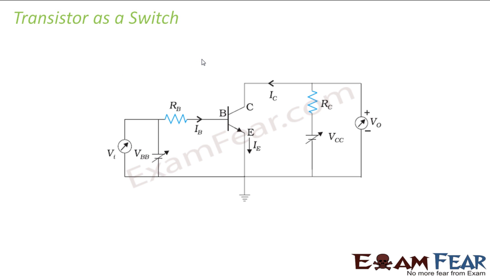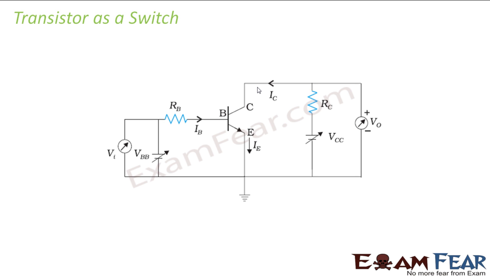How does a transistor act as a switch? If you look at the circuit drawn here, it is a common emitter configuration. The transistor is in common emitter configuration because you can see that the emitter is grounded and it is common to both the other terminals, common with the base as well as with the collector.